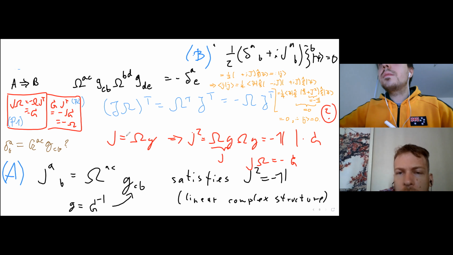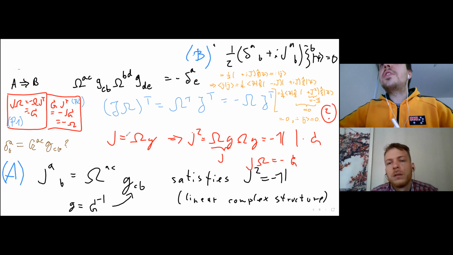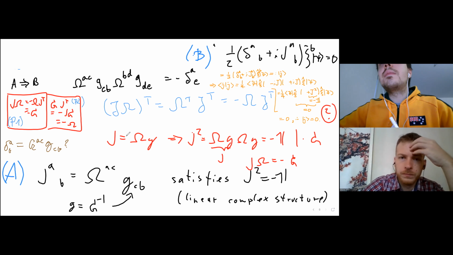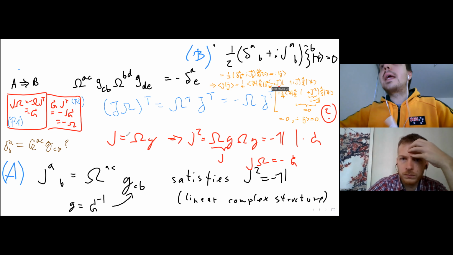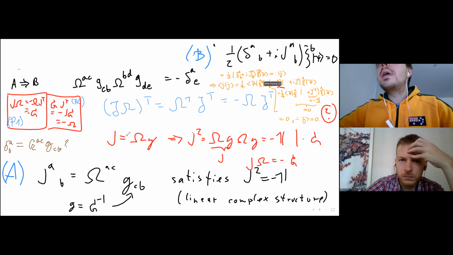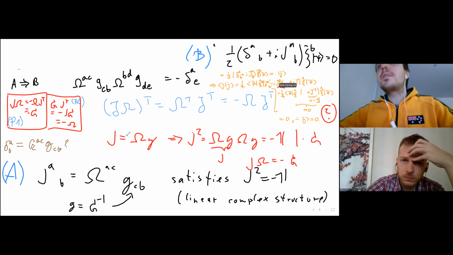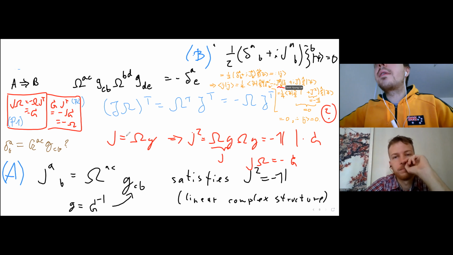Because here we do need the abstract index and see that it still has an open index, and here essentially it's somewhere implied that there is a contraction between the two, but if you put in the indices, you see that there is no way to contract them with each other.